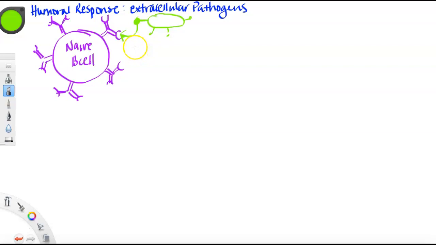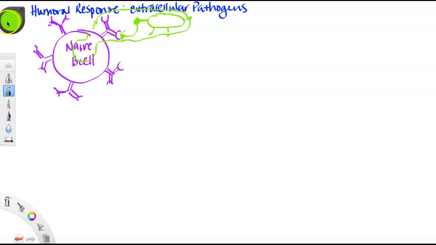So is that enough? Well, no. We know that this cell has to be activated. So when this naive B cell binds to that antigen, basically what it does is it endocytoses this whole thing. This whole complex gets endocytosed into the cell.